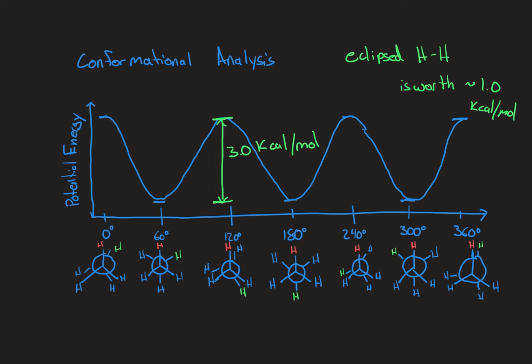Or another way to say that is, anytime you have an eclipsed hydrogen, that adds a kcal per mole greater than the lowest energy conformation that's possible. For ethane, that 3 kcals per mole energy barrier between the eclipsed conformation and the staggered conformation is a really small energy barrier. And so at room temperature, ethane is constantly spinning around, entering all of these conformations at any given moment.